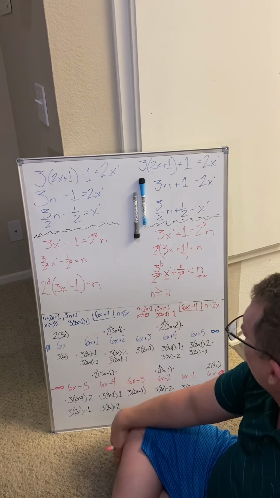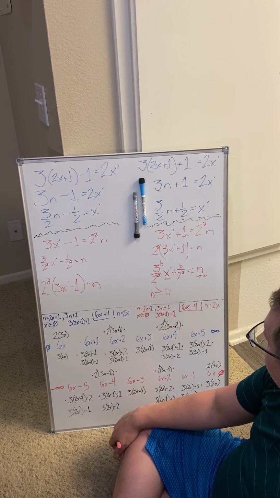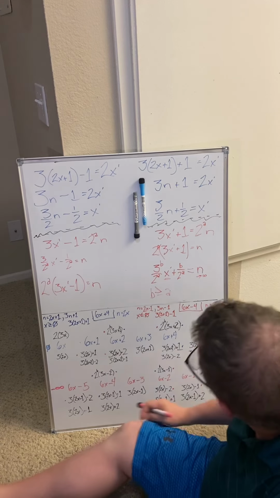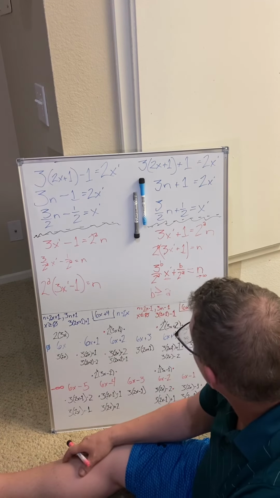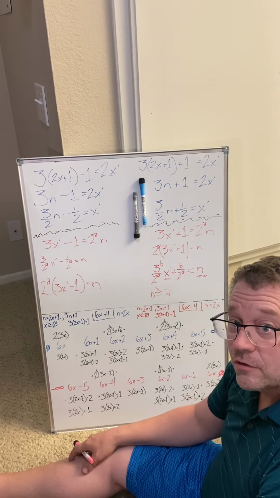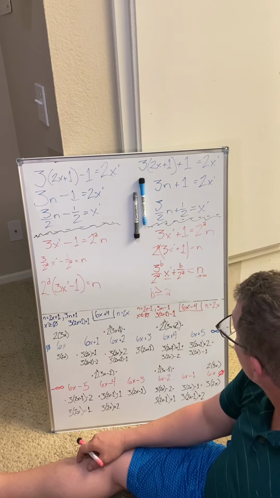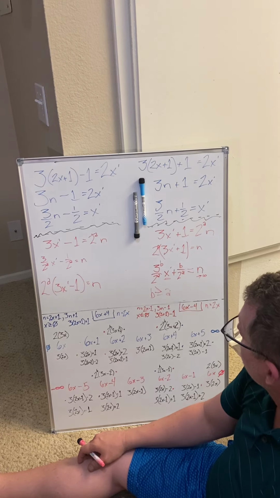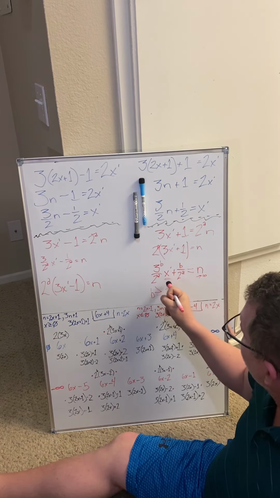Requires x to be odd. Again, those are iterations. It takes off to infinity, but it does it really fast at a low value. Basically says anything can or nothing can.